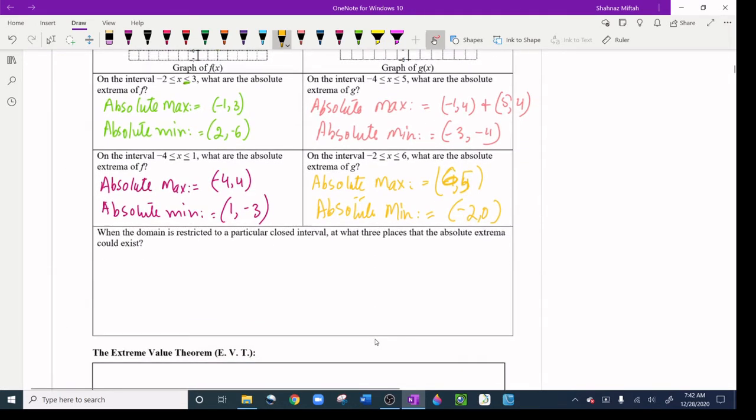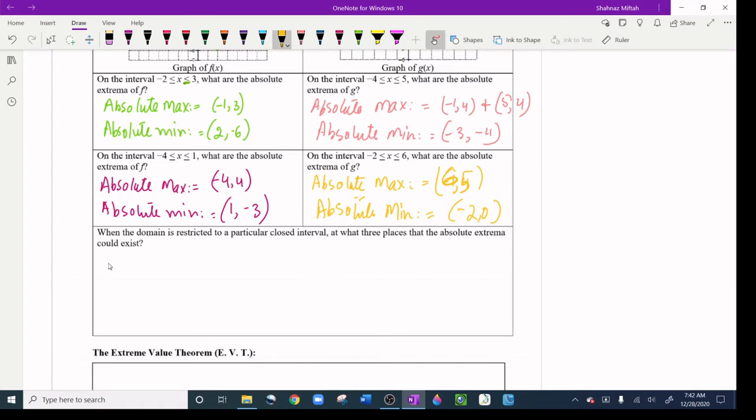Let's see this. When the domain is restricted to a particular closed interval, at what 3 places could the absolute extrema exist? So when the domain is restricted, all these domains are restricted, then we found where the absolute extrema exist.